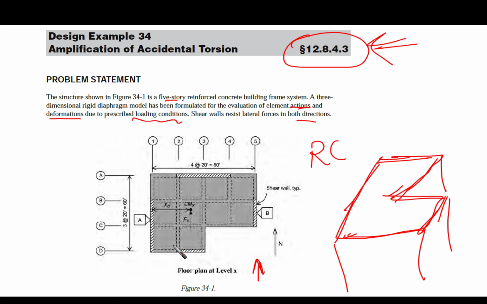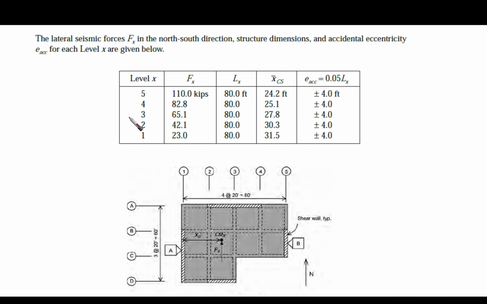The center of mass, the position of the applied earthquake forces, we call CMX. As you are going to see, it coincides with the center of rigidity, assuming that the center of mass is in the same position as the center of rigidity. So all the actions should be given for us.